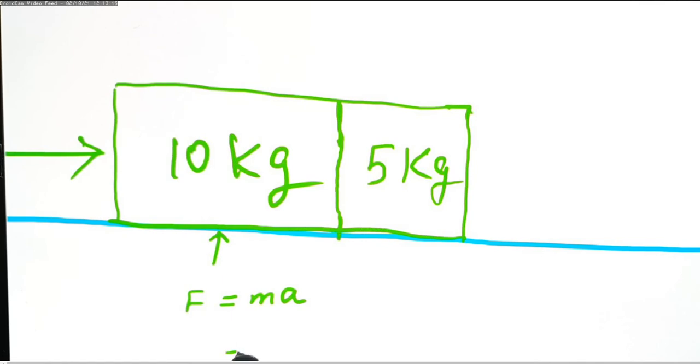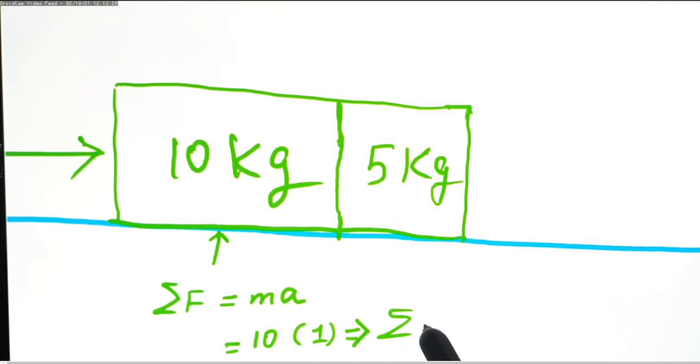What's the mass? 10 kilogram. What's the acceleration? 1. So that means the net force applied on the 10 kilogram object is equal to 10 Newton.